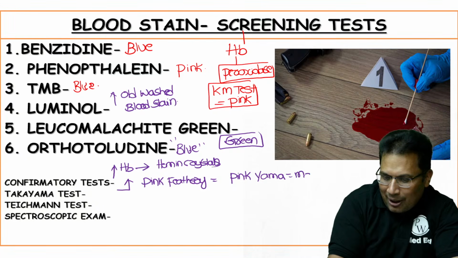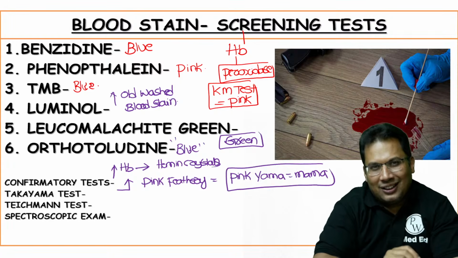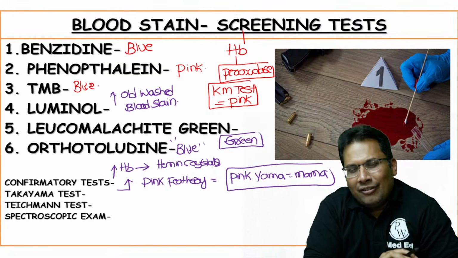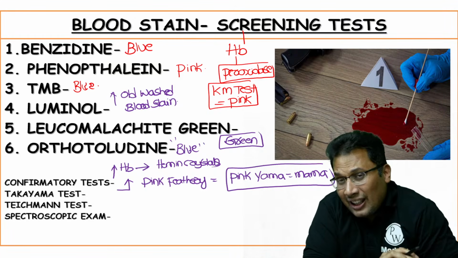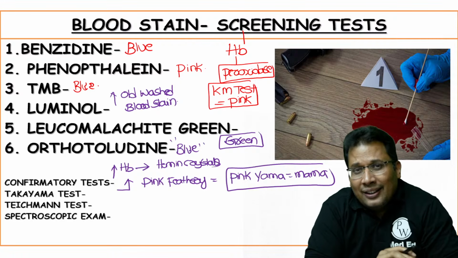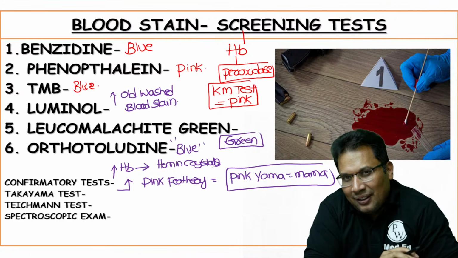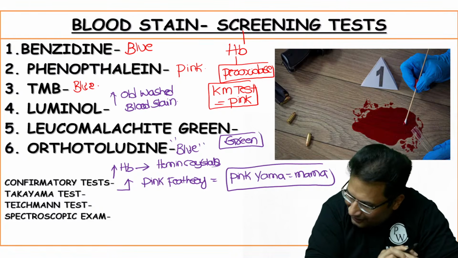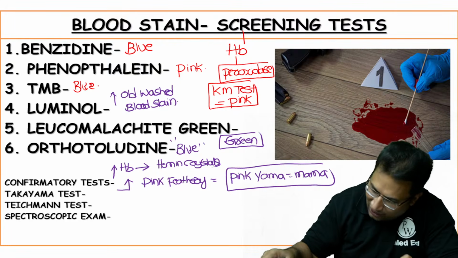You know, Mama is favorite of everyone. So pink Mama with feathery crystals. This is very commonly asked in INICET. Some fun is needed to remember certain facts in forensic medicine. Yama, Mama, pink Mama, feather. Okay, good.